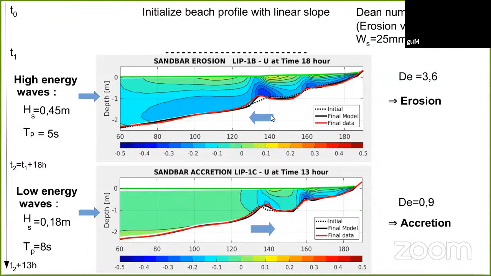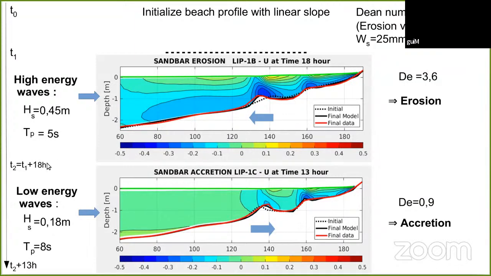As Rashid said, in dotted points we have our initial bed, and finally in black the model CROCO gives us a migration of the sandbar offshore in this direction, and it is according to the data we have.